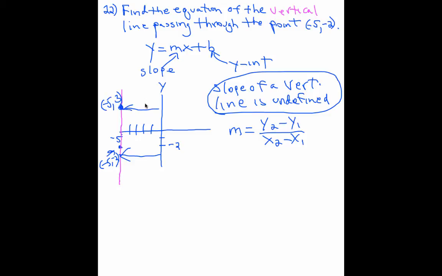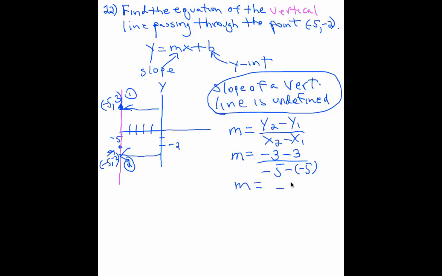You could choose any point. Now if we choose to try to find the slope for that line, let's call this the first point, and let's call this the second point. Let's plug in now, so we'll have negative 3 minus 3 over negative 5 minus a negative 5.